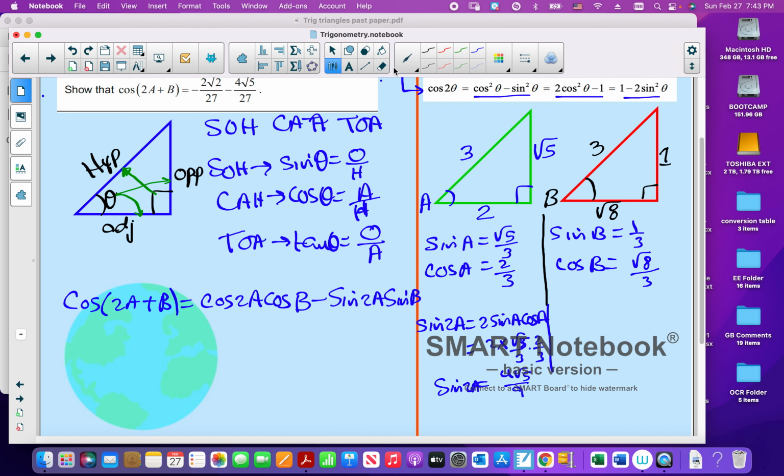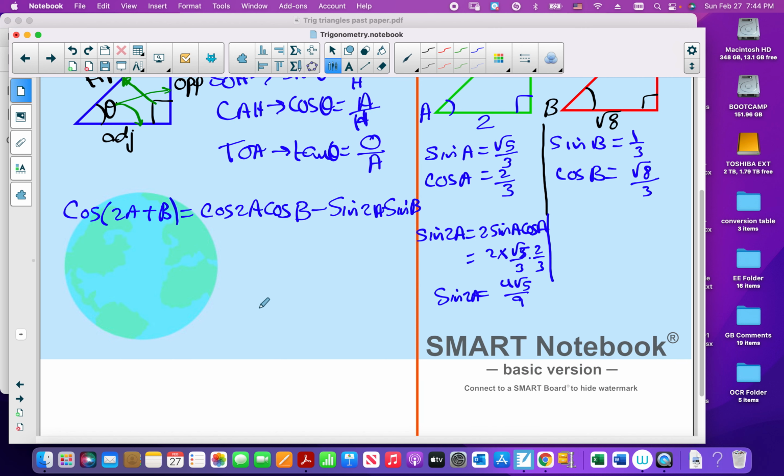That is sine 2A, cosine 2A, cosine B, sine 2A, sine B. No, that's correct. That is correct. Sorry. Okay, that is correct. Cosine cosine, minus sine sine.